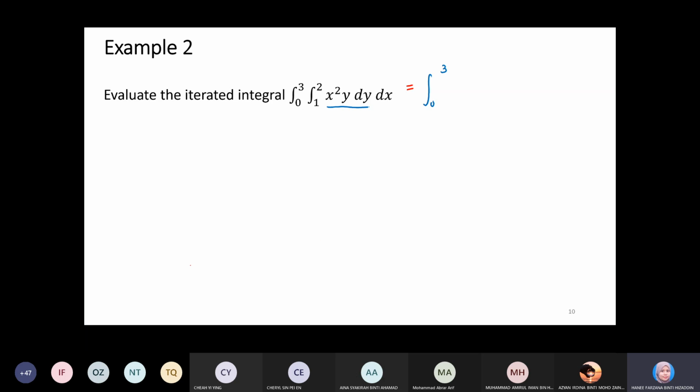So now we are integrating the inner one. So x squared y squared over 2 from y equals 1 to y equals 2, and then dx. So integrate 0 to 3 and just put in the value of y.